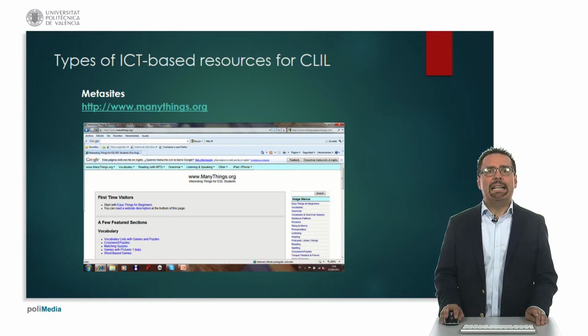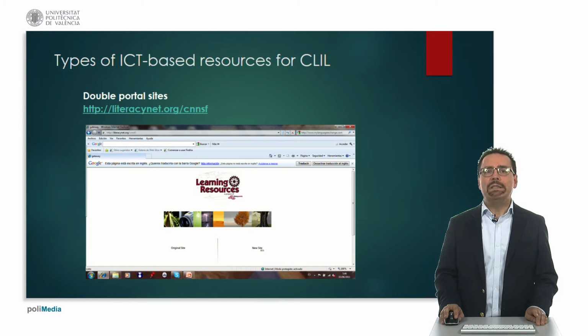We have also meta-sites, sites that connect to many other websites in an organized way. Next we have double portal sites, that have two different parts or sections. Depending on the purposes or the objectives, you go to one or the other.